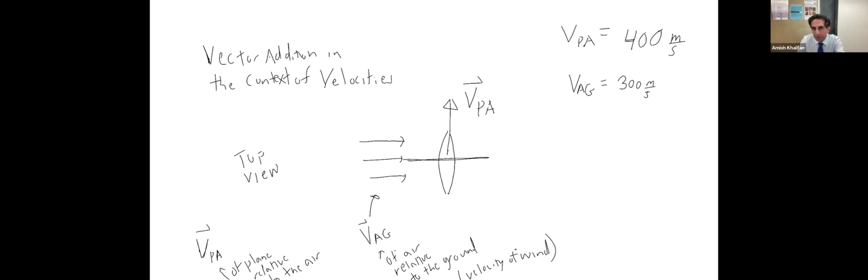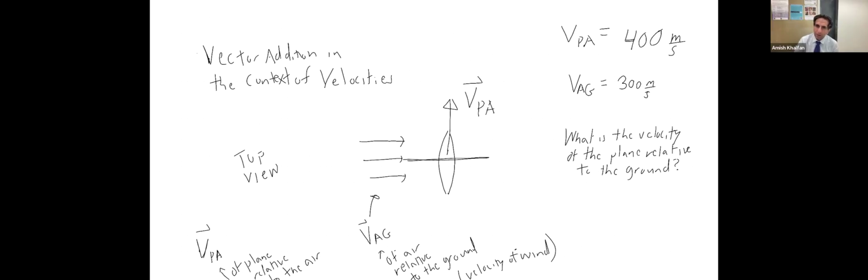So then I can ask, okay, what is the resultant velocity? What is the velocity of the airplane relative to the ground? All right.